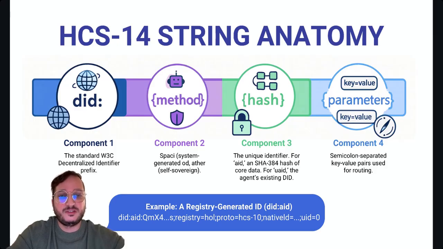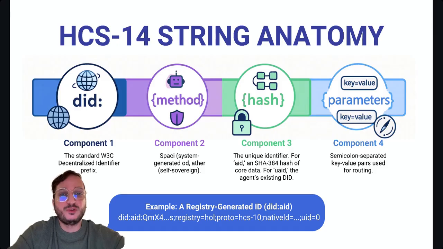So in this case, it can either be UAID or AID, right? We just spoke about that. Next, we have the hash. So the hash is the unique generated ID, which again could either be the actual DID that the agent issued that's self-sovereign, or it could be a uniquely generated hash from the data that we found on a registry or something of the sort.